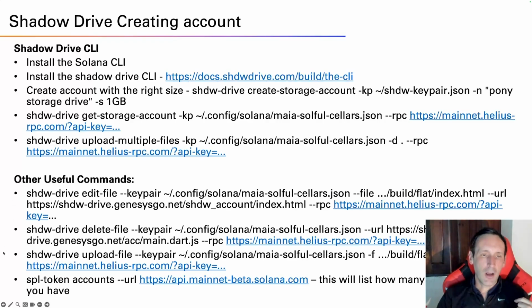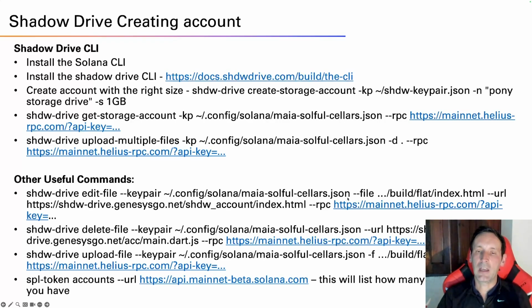Now, there are other useful commands that I've used. The edit file command actually has a very specific meaning for Shadow Drive. Edit file actually is a replace. So you always have the key pair as one of the things that you need to provide, but then, for instance, in this case, I was replacing the index.html of my web app.